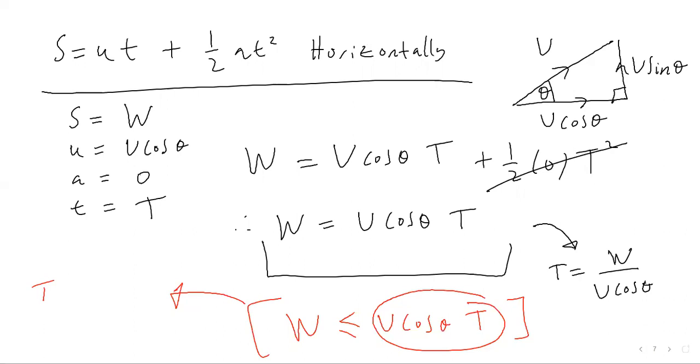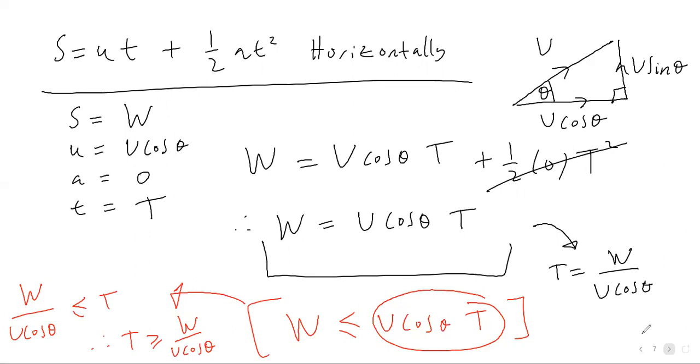So let's divide both sides by U cos theta. We get W divided by U cos theta is less than or equal to T. So just be aware that if you want to travel at least a width of W meters, then your time would be bigger than or equal to W over U cos theta.